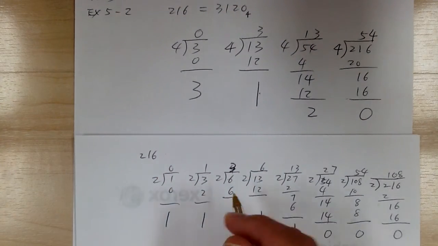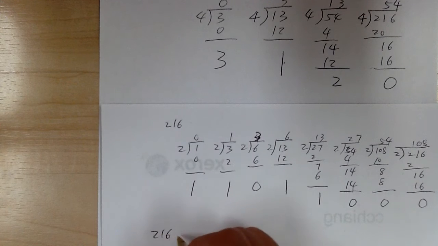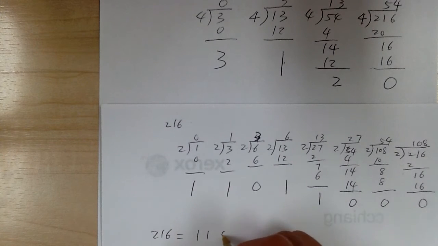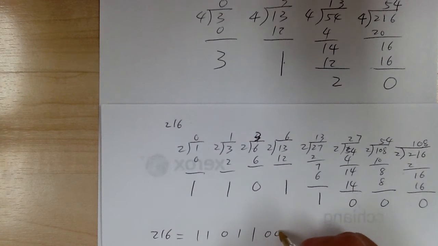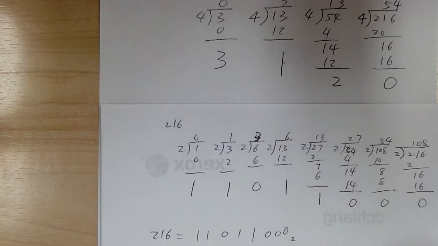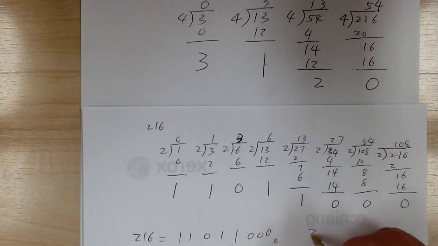Okay, so 216 is equal to 11011000 base 2, okay?